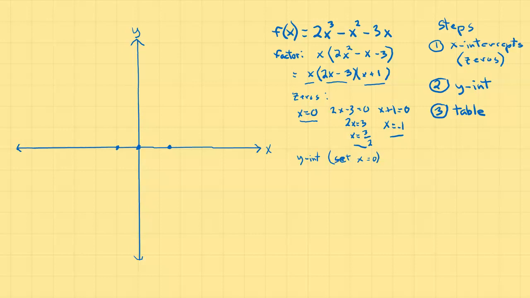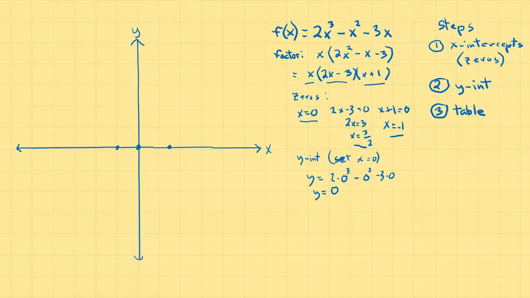So when you do that, the y-intercept is just 2 times 0 cubed, which is 0, minus 0 squared, which is 0, minus 3 times 0, which is also 0. So the y-intercept is y equals 0, but in this particular graph, it coincides with the x-intercept. So the x-intercept and the y-intercept are both 0.